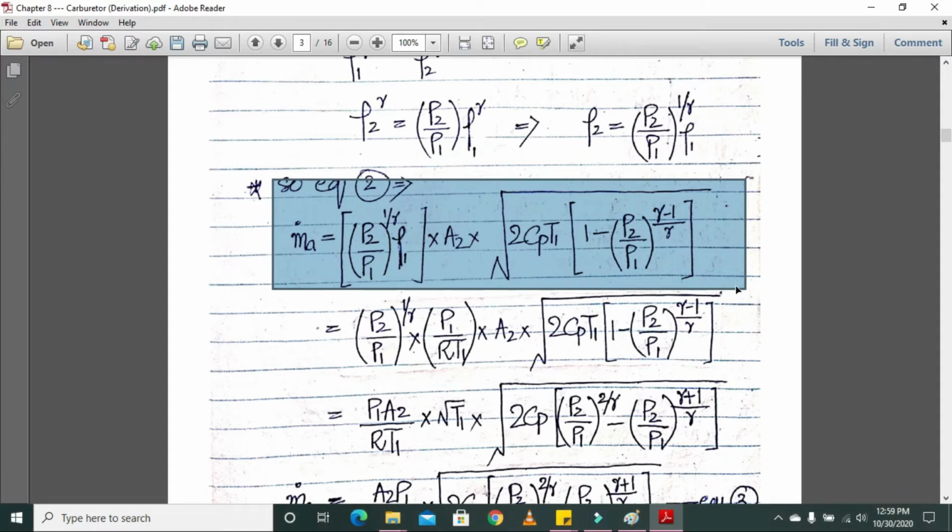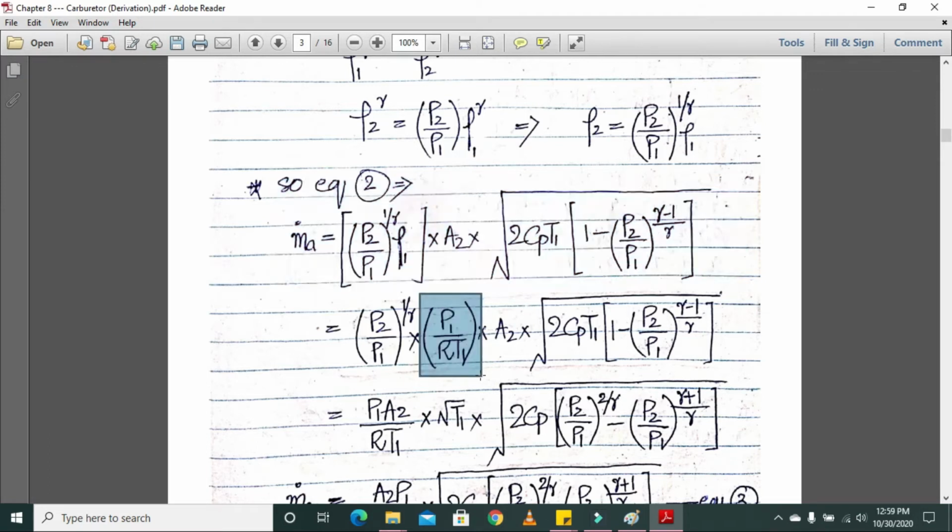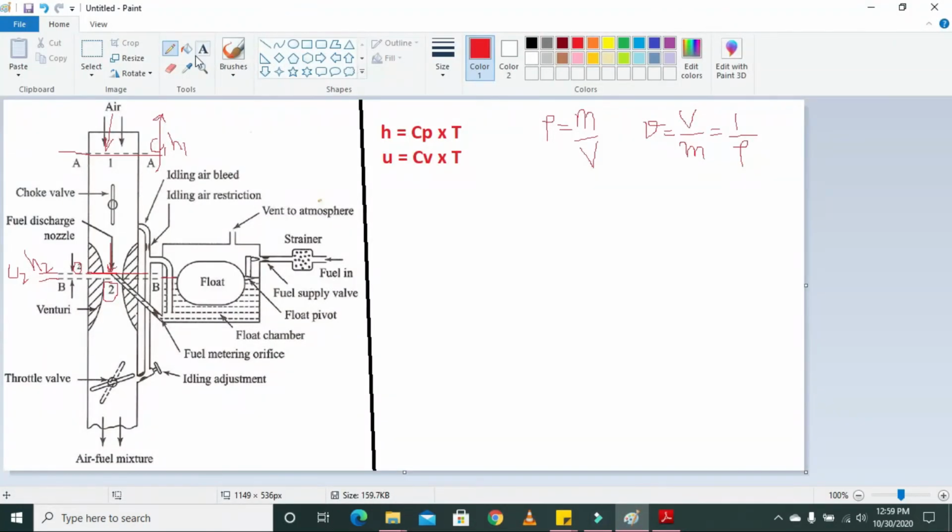Now in the next step, you can see that this rho 1 is changed into P1 upon R times T1.